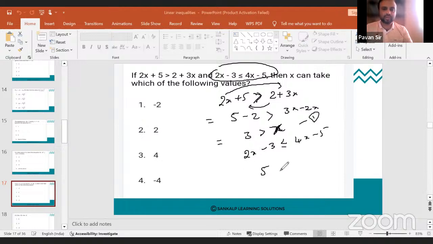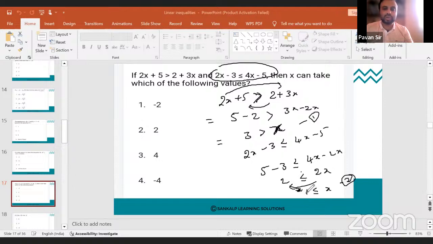So what will it give? 5 minus 3 is less than or equal to 4x minus 2x. So 5 minus 3 is nothing but 2, less than or equal to 2x. So what is x now? 2 upon 2 is nothing but 1, less than or equal to x. This is equation number 2.